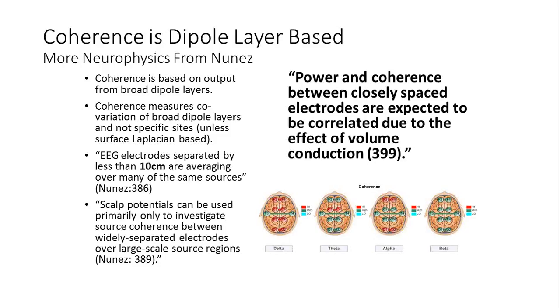And there may be several dipole layers that have 60 million neurons within the area of a Brodmann area. So if you're recording from one Brodmann area to the other, you have to make sure you're at the same location within that Brodmann area. Be fairly accurate about the dipole layers that you're measuring. Are you measuring the ones you think you're measuring?